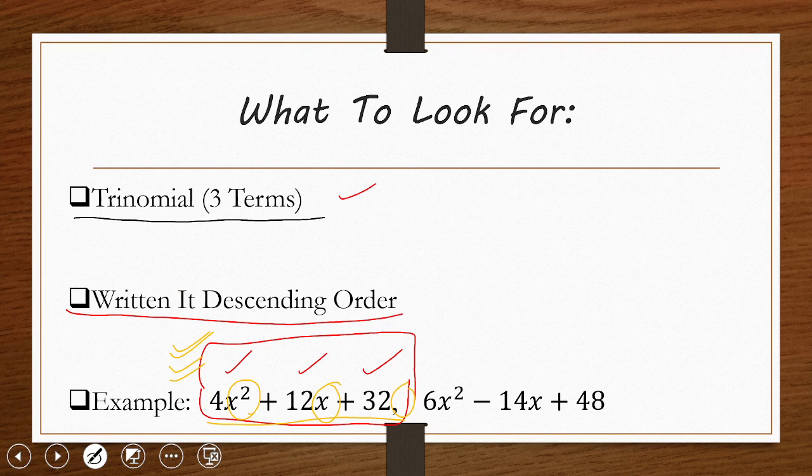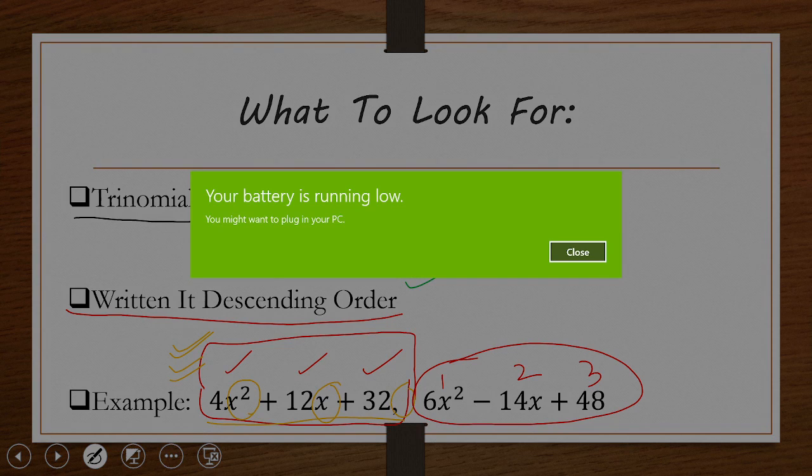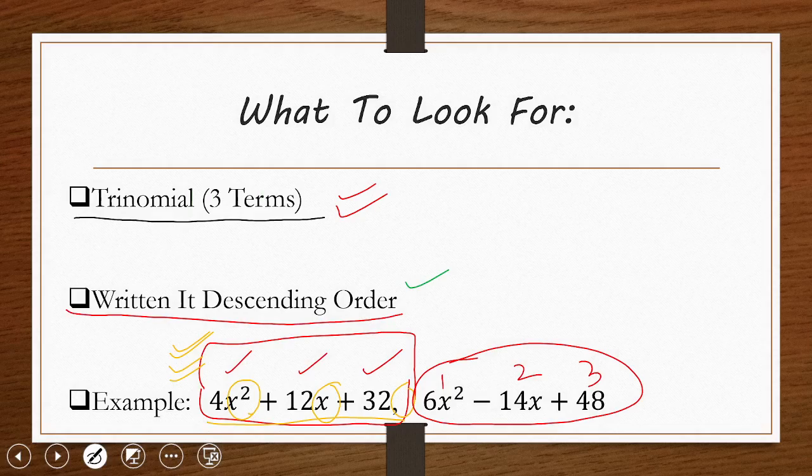Again, look at this other example. Yes, we have 3 terms, 1, 2 and 3. This is a trinomial term. This condition is fulfilled. Then the other condition is writing it in descending order. So this is the biggest expression with x power 2, x squared.